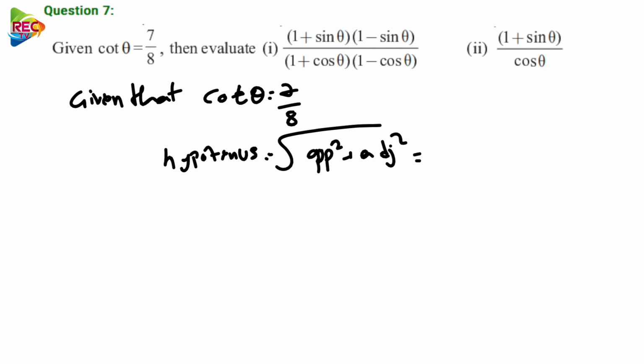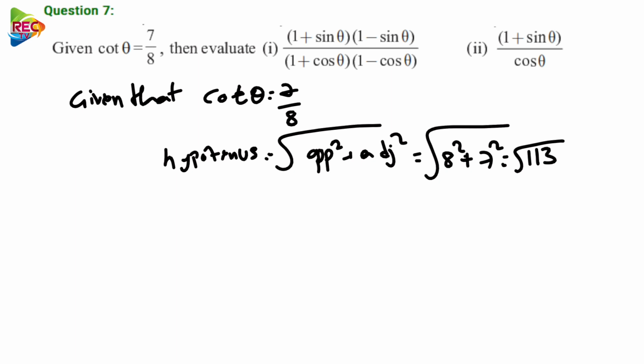So that equals square root of 8 square plus 7 square, that equals square root of 113. Here hypotenuse is square root of 113, and first you find the sine value.